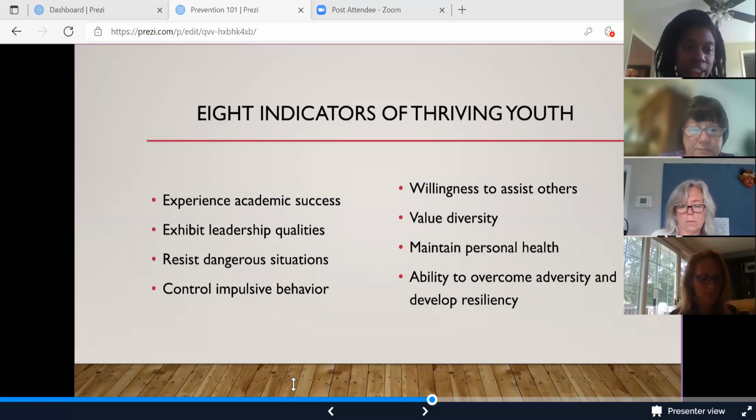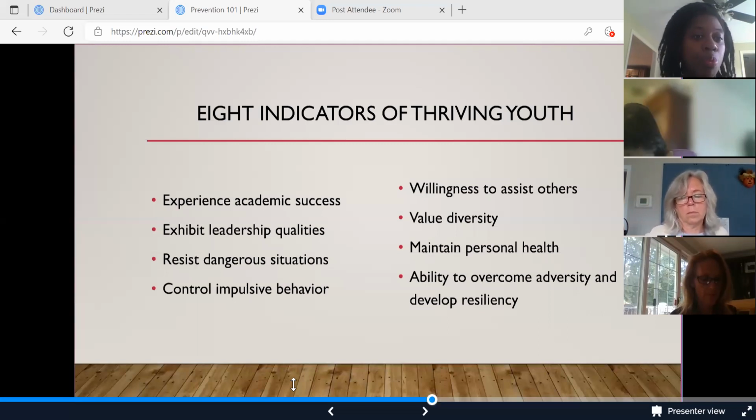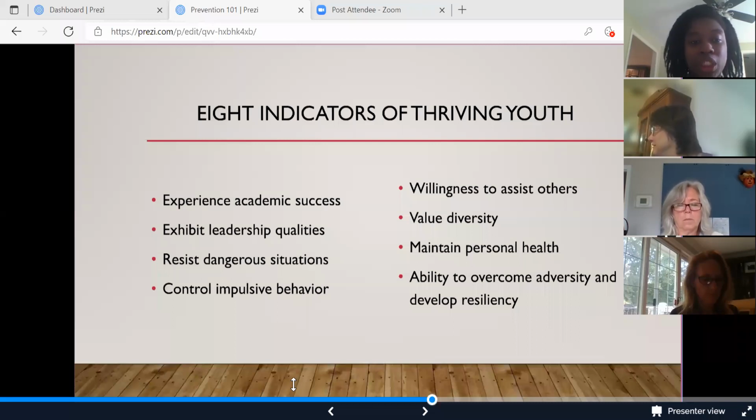They value diversity and are able to maintain their personal health, whether that is being sure that they can bathe regularly, brush their teeth, maintain cleanliness around their home and their room, and an ability to overcome adversity and develop resiliency. They don't completely break down over a stressful situation. They're able to find the not necessarily the good, but they're able to work through the adversity that they have without completely crumbling under that particular pressure.